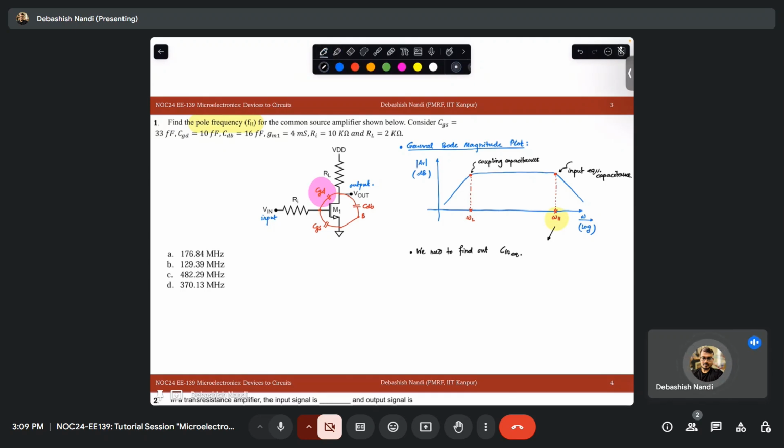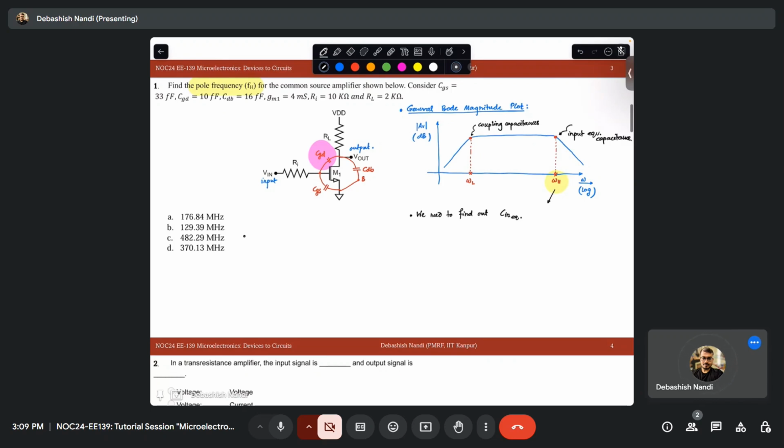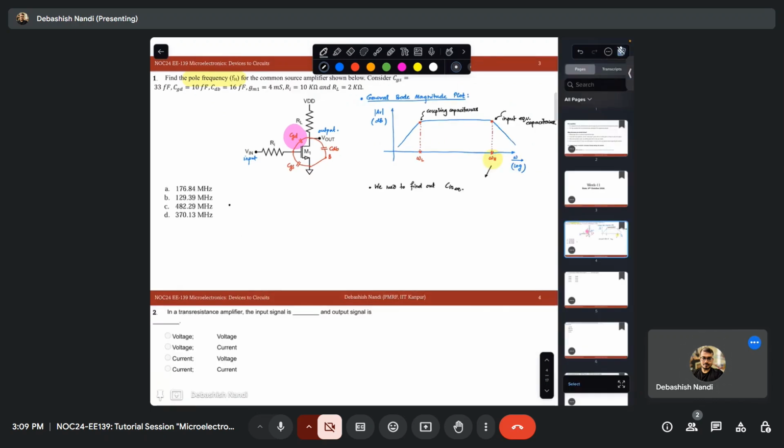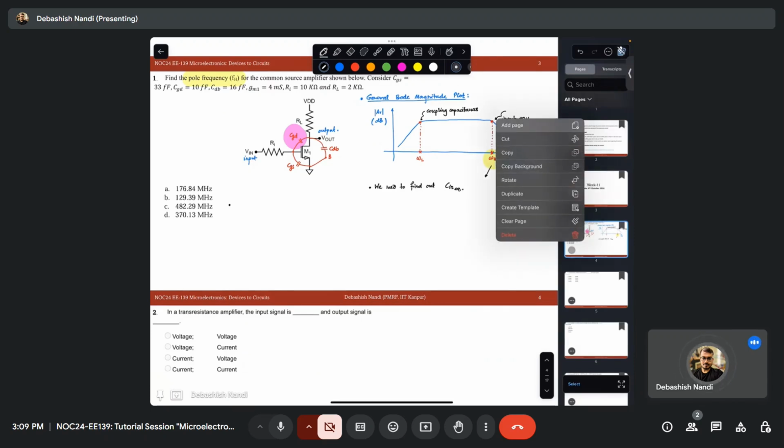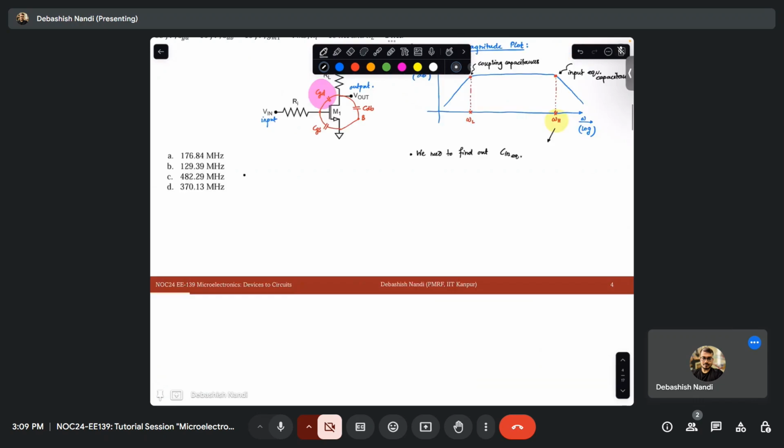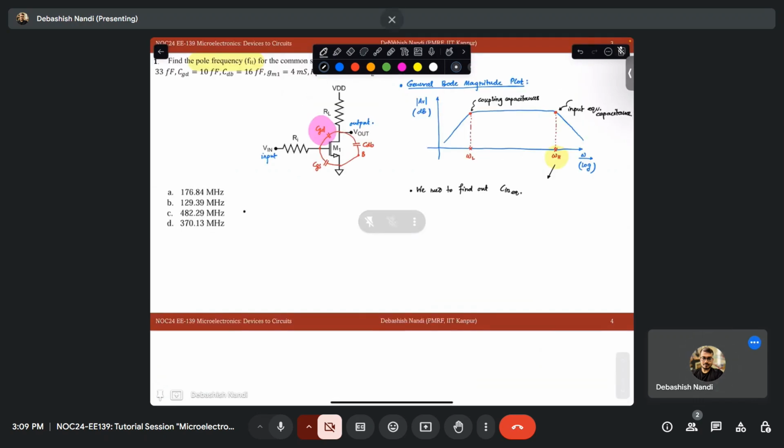So how do we resolve this? Let me add another page. CGD will be resolved to the input component using Miller's theorem.